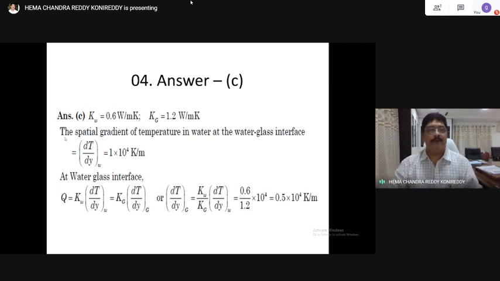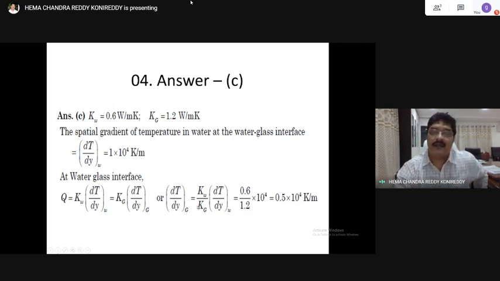So you write Q is equal to heat transfer from the water, K dT by dy, minus on both sides, so it cancels. K of water dT by dy is equal to K of glass dT by dy of glass. Okay. The dT by dy of water is given, we have to find dT by dy of glass.